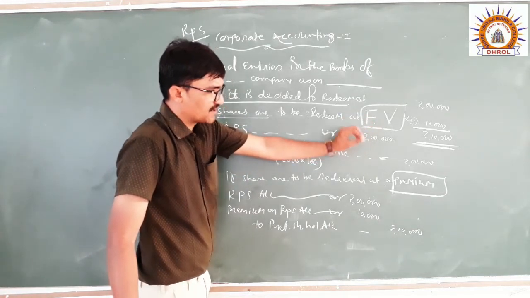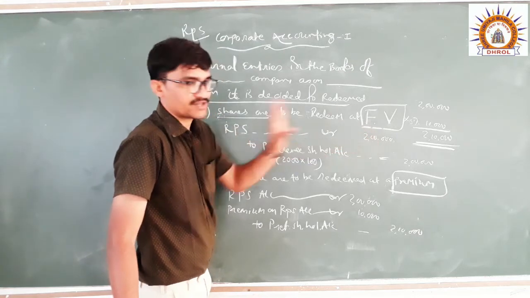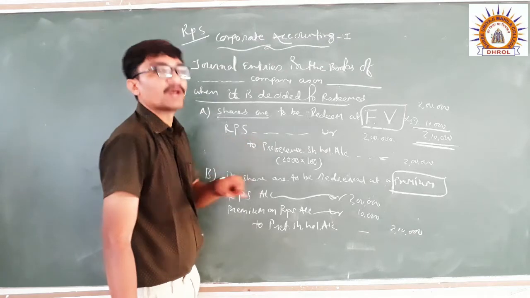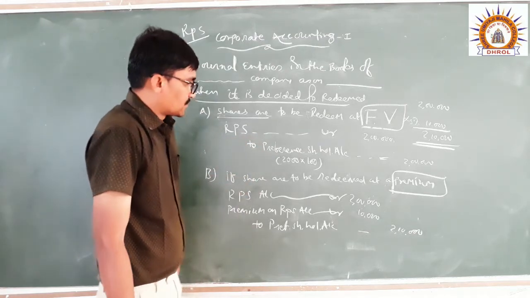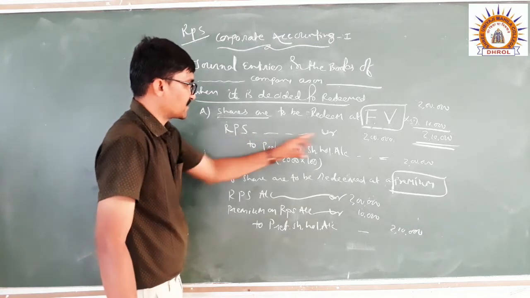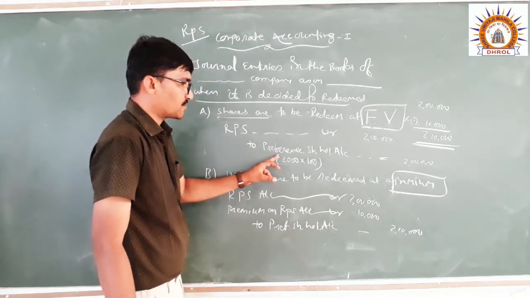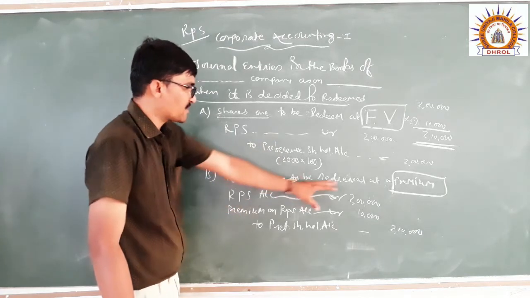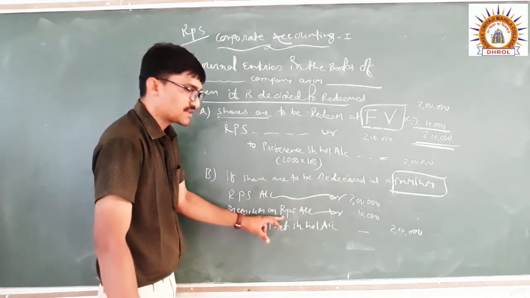In the example you have a specification regarding at which value the shares are to be redeemed, right? So RPS here, the RPS debits to preference shareholder account. This is face value. If the shares are redeemed at premium, then the premium account is there.